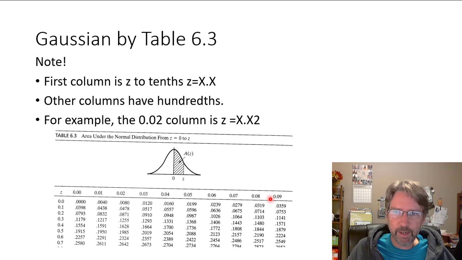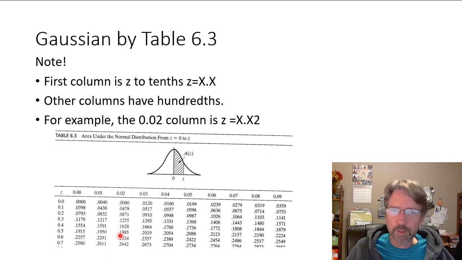So if you want the area for a z of 0.32, here's the 0.3 row. This is 0.30, 0.31, 0.32. So z of 0.32 has an area of 0.1255. And that's this area between 0 and 0.32. So that's how we use this to find the area under the curve.